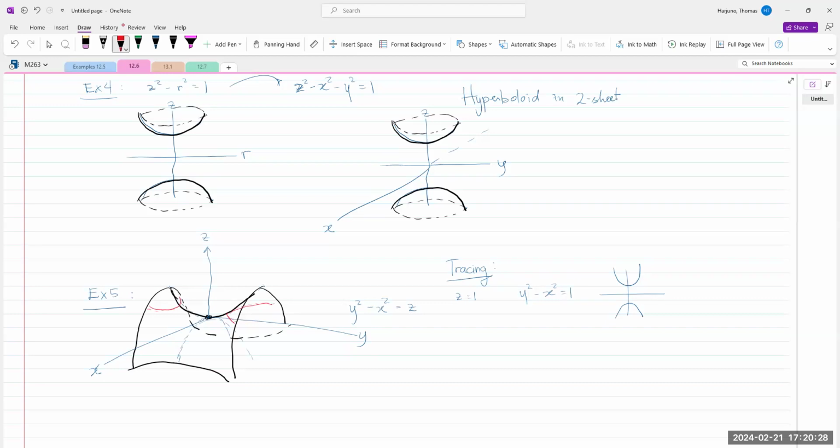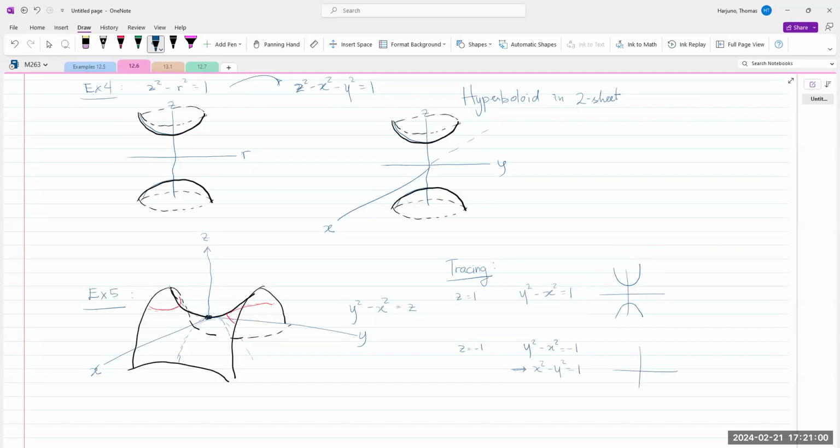If you see that from above, this is the x-axis, this is the y-axis, and the z-axis is coming to us. On the other hand, if our z is negative, let's say z equals -1, that's the same as saying x squared minus y squared equals 1.